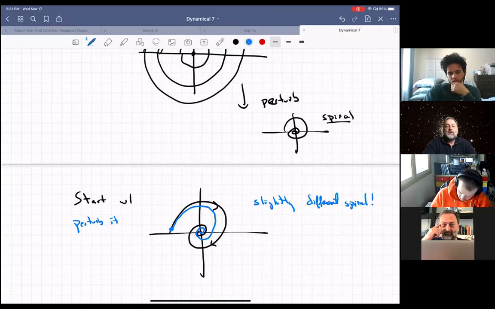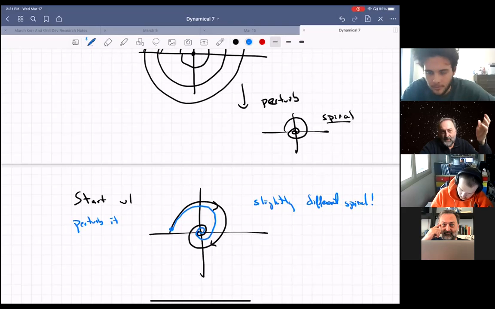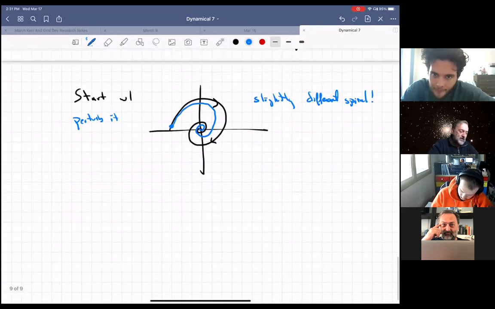You can't just nudge a spiral that's, say, stable and turn it into a stable node. You can't nudge a spiral that is unstable and turn it into a stable spiral. You can't nudge a stable node, right?